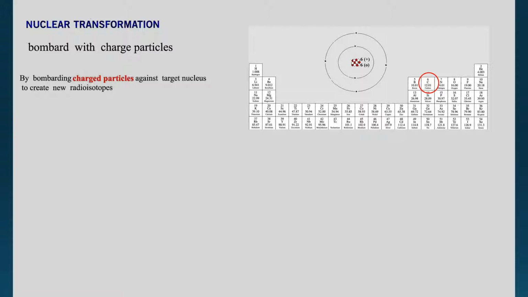If you look at the periodic table, let's choose a small atom, carbon. Does it have a charge? No. 6 protons, 6 neutrons with 6 electrons. The charges are balanced. No charge. But if I remove the 4 outside electrons, now what will happen? It becomes 4 positive. It becomes a charged particle.